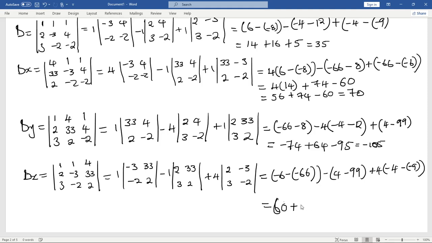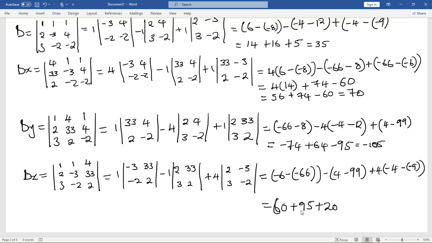So it's a plus 95 like this here. Then negative 4, then minus 9. So we say negative 4 minus negative 9, so that becomes positive 9. So negative 4 plus 9, we get 5. Then 5 by 4, we get 20 here. So we say plus 20 like this here.